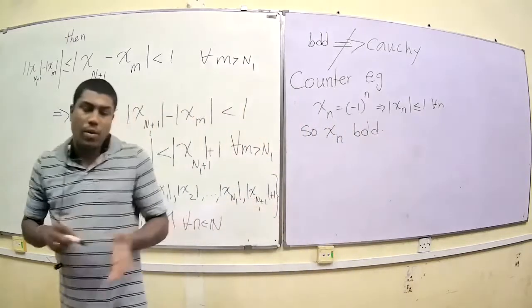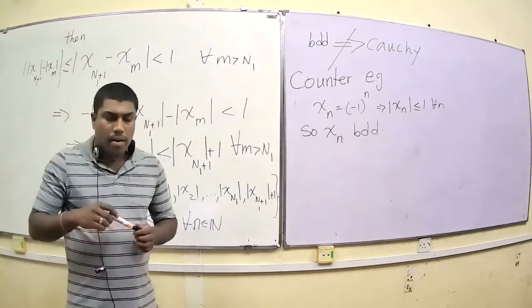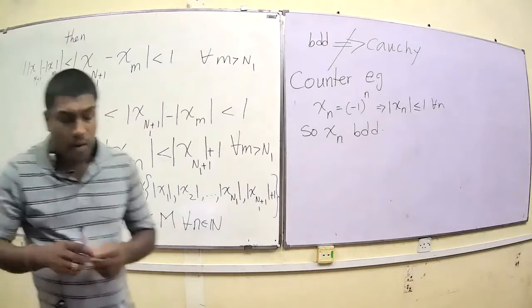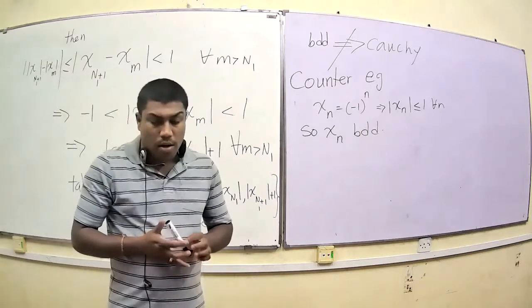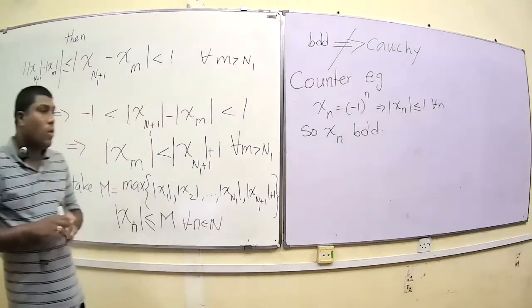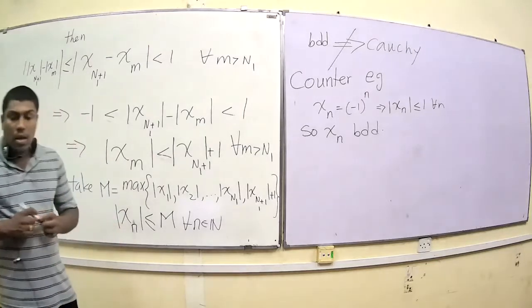So xn is a bounded sequence, that is very clear. We studied this several times earlier as well. Now the question is whether this sequence is Cauchy or not. That is what you have to show. So you have to show this sequence cannot be Cauchy.